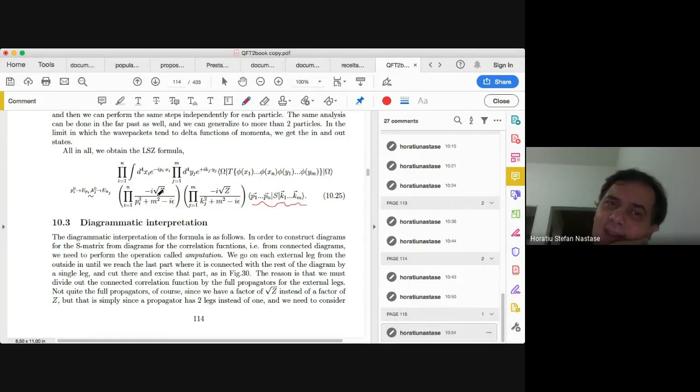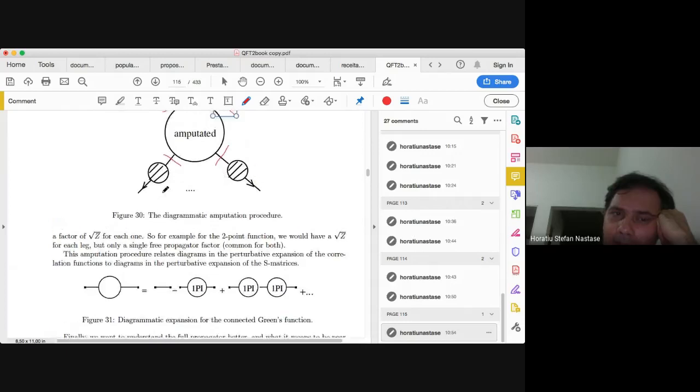But it's square root z instead of z. We don't divide exactly by the 2-point function. The 2-point function near the pole would be z over p squared plus m squared minus i epsilon, but we put square root z instead of z.